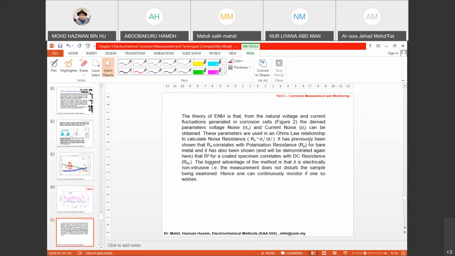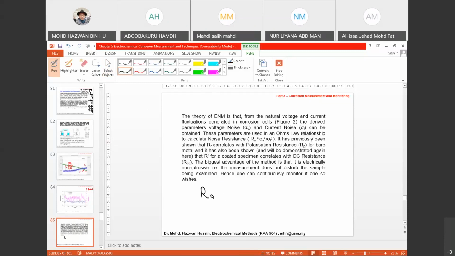So the theory of electrochemical noise is that from the natural voltage and current fluctuations generated in the corrosion cell, the derived parameters, voltage noise and also current noise, can be obtained. These parameters can be used in the Ohm's law relationship to calculate noise resistance, Rn.